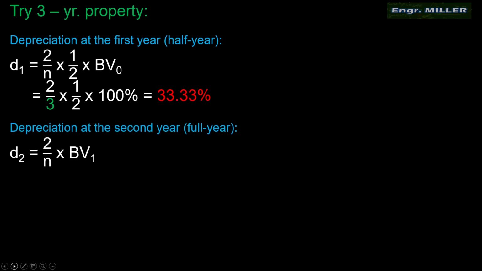So, sa second year, ito na ay magiging full year, hindi na siya half year. So, mawawala na ngayon yung 1/2 doon sa formula natin ng double declining balance method. So, here, 2 over n times the book value in the first year. Well, yung book value is yung natitirang halaga nung equipment or yung asset.